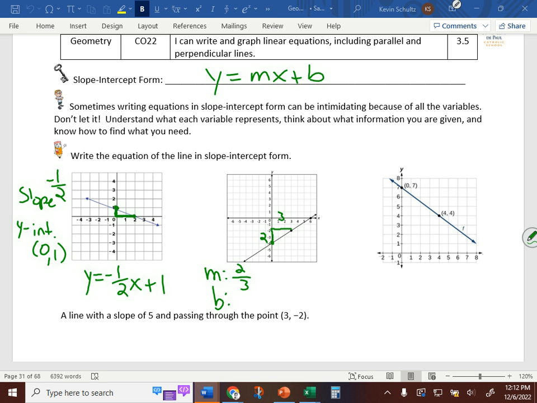Rise over run, up 2 over 3. And what's our y-intercept? Negative 4. So what's our equation in slope intercept form? Damien? Y equals 2 over 3x minus 4. Good. Y equals 2/3 x minus 4.